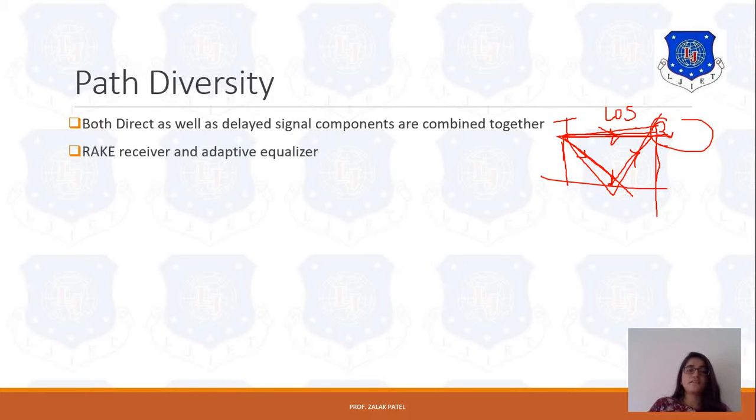So in this case, if we want to improve this diversity, then we can use the rake receiver or adaptive equalizer. We discuss this rake receiver in unit number 5, CDMA channels, where we discuss the role of the rake receiver as well as its block diagram. In this session, you simply have to remember that for path diversity, to gain better performance, we can use a rake receiver and adaptive equalization.